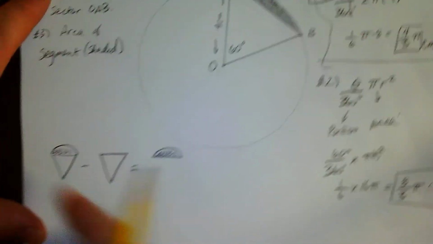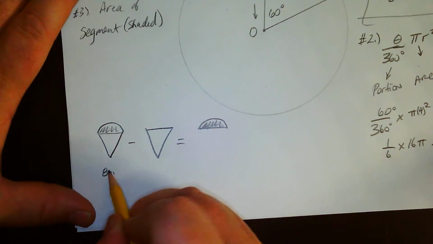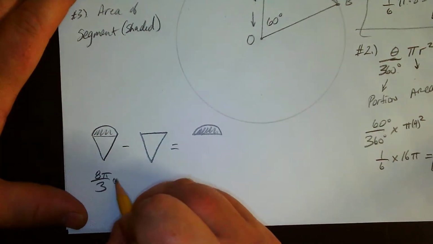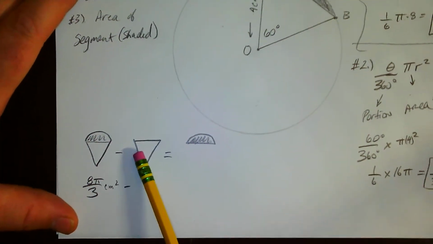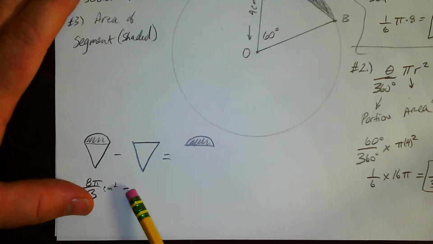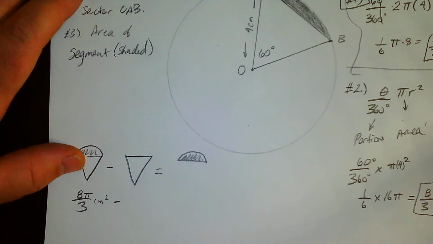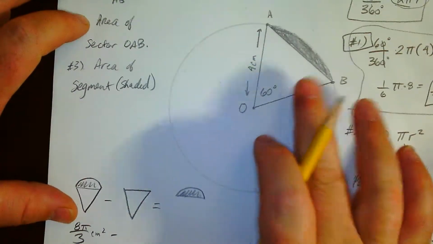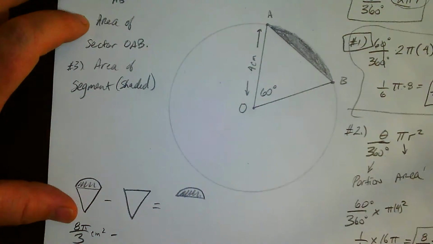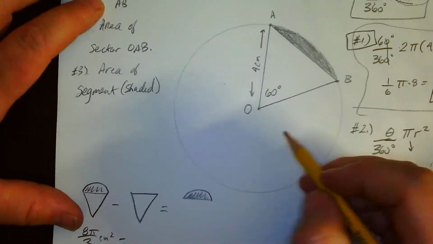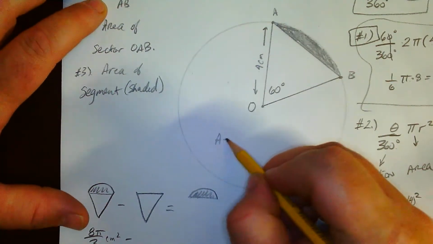So I know what this is. This was 8 pi over 3 centimeters squared. Now if I can figure out the area of this triangle and subtract those two, then I'm done. All right. How can we figure this out? Well, there is a formula for the area of a triangle that uses trigonometry.